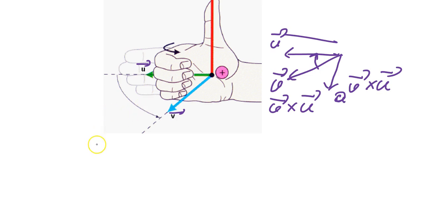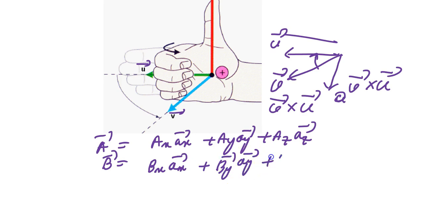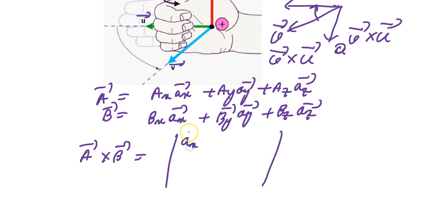In Cartesian coordinate systems, if A is given in components and B is given in components, then A cross B will be in the form of a determinant. We are doing the A cross B. First you write unit vectors, because it is a vector product, AX, AY, AZ.